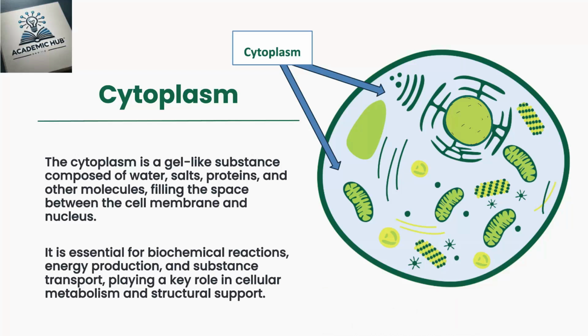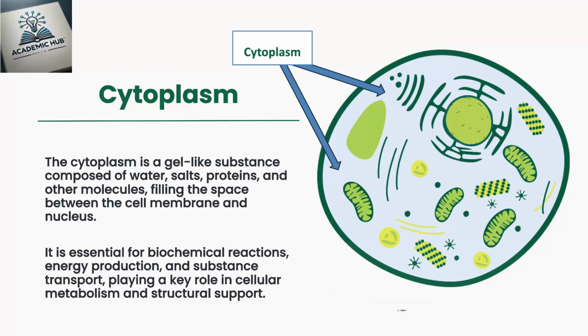Next is the role in biochemical reactions. The cytoplasm is the site of many biochemical reactions that are essential for cell survival. Various enzymes within the cytoplasm catalyze these reactions, breaking down molecules, synthesizing new compounds, and generating energy.